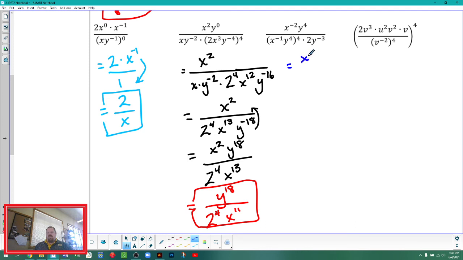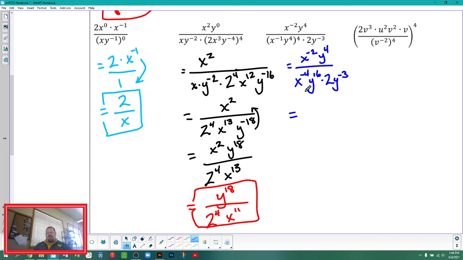Let's try to simplify the bottom first. These are about as ugly as I could have made problems. Did it on purpose, but there is a lot of stuff going on. We'll go ahead and drop in that 4 power to a power, x to the negative 4th, y to the 16th, times 2, y to the negative 3rd.